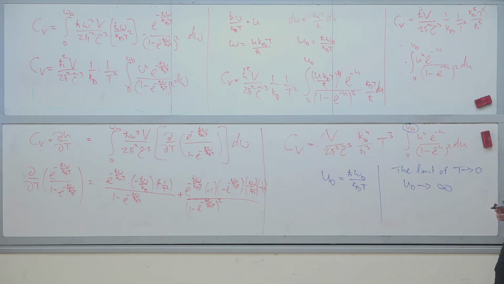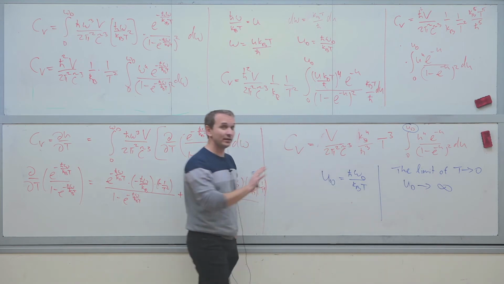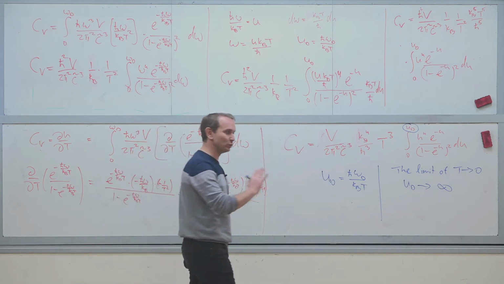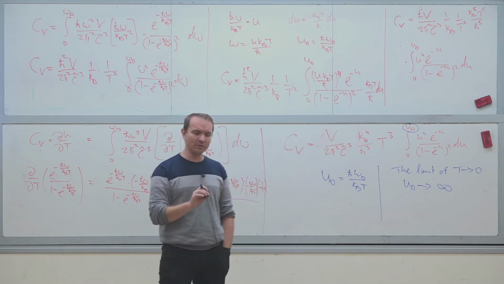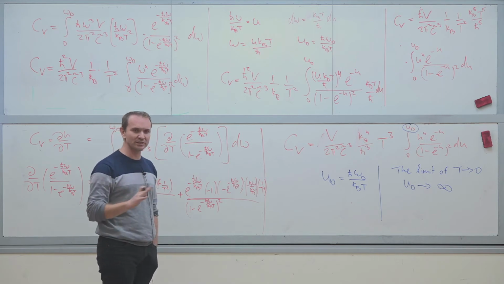Why does it matter, because we have a T to the third? Yes, you're right, CV goes to 0 as T goes to 0. But remember why we are calculating all of this stuff and why I'm bothering you with those long calculations. The Einstein model failed in the limit of small temperatures. It predicted that CV goes to 0, this is clear.